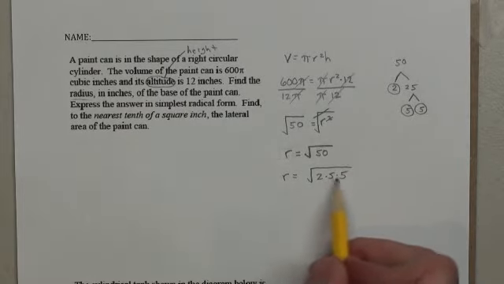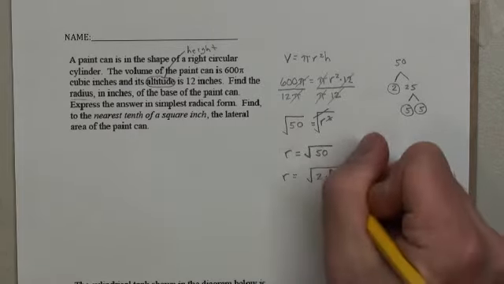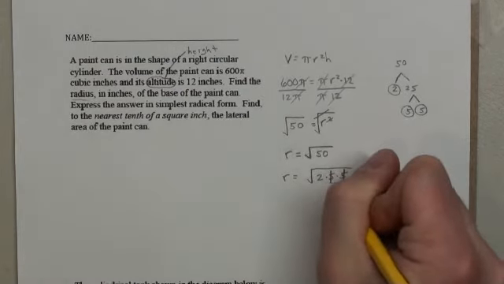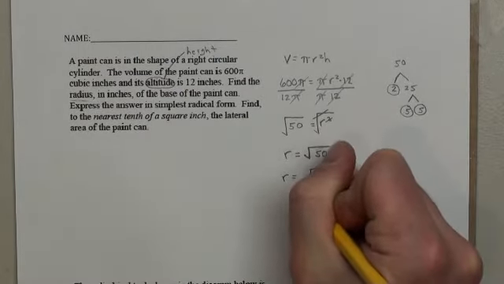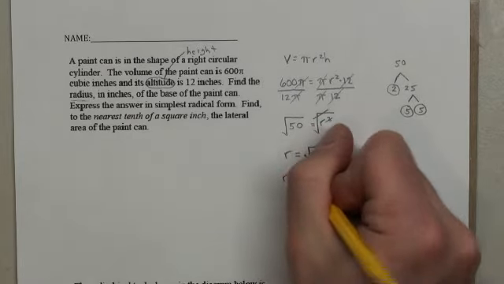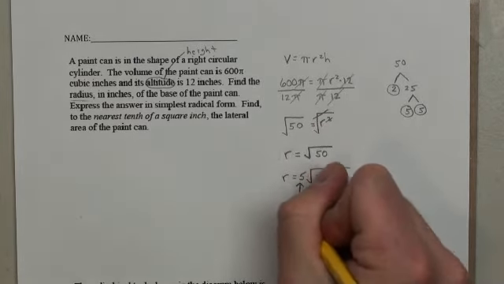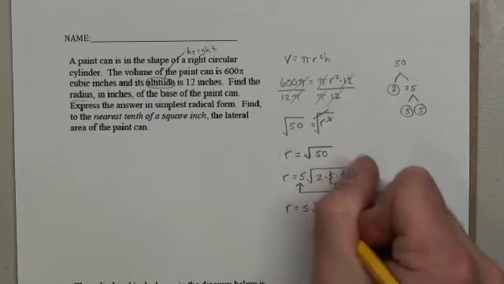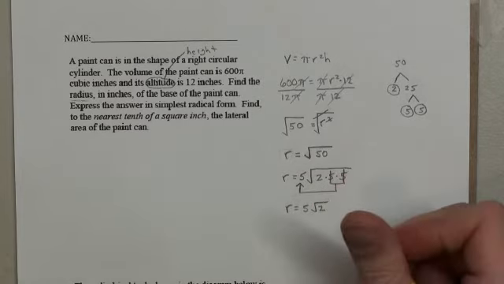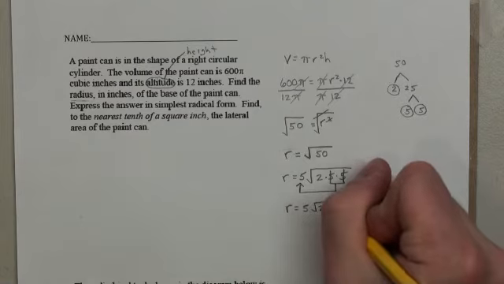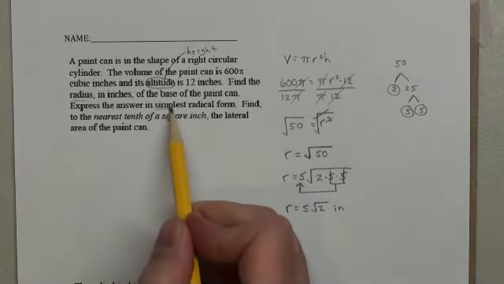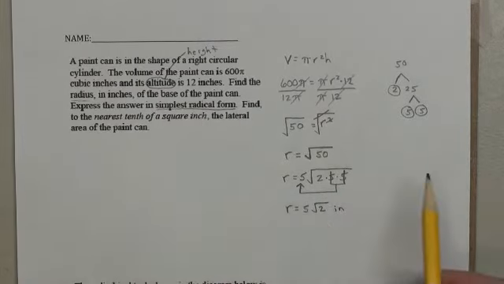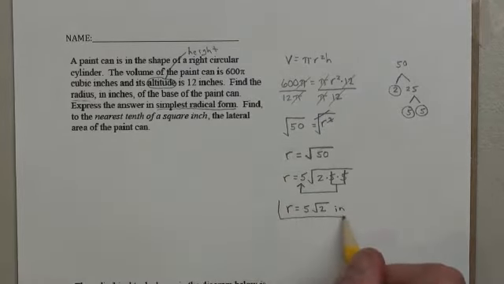Now for every time the same thing appears twice under here, I cross them out and I bring only one out front. So my radius is equal to 5 radical 2. That's in simplest form, and that's inches, because it says in simplest radical form. Okay, that means you cannot plug this into the calculator. So that's part 1.